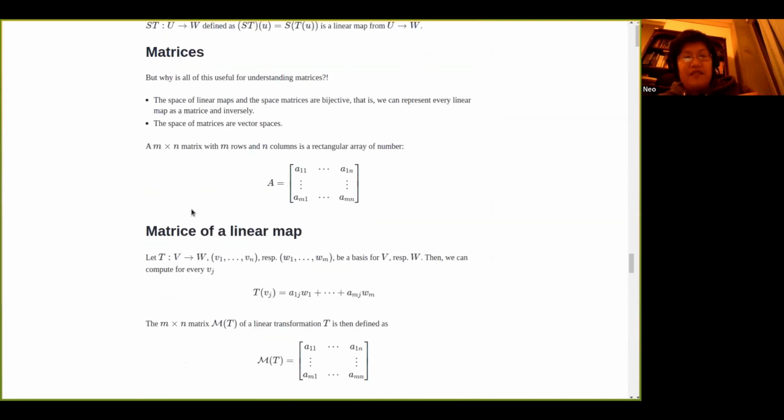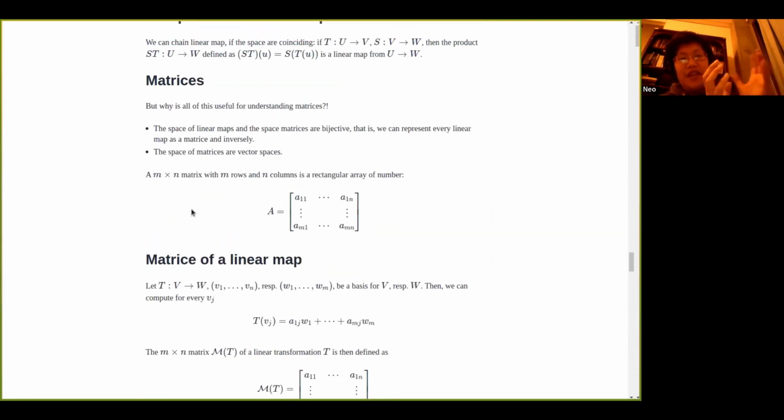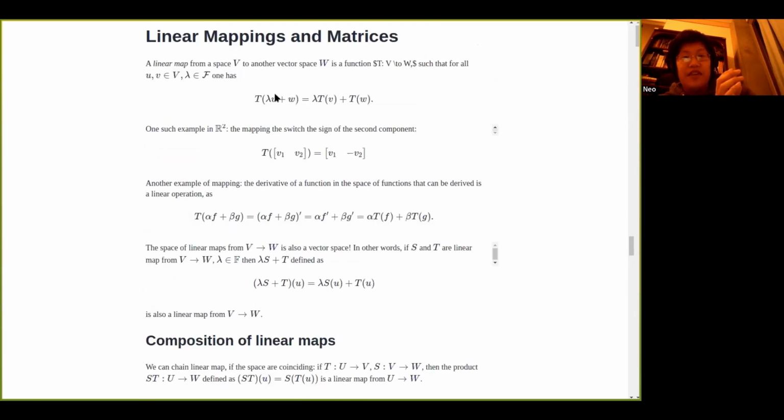Then the second concept that is really important is the linear mapping. Linear mappings are just functions where you can swap more or less the plus and the times in the arguments defined here. And then we know that we have a one-to-one relationship between the space of linear transformations and the space of matrices.